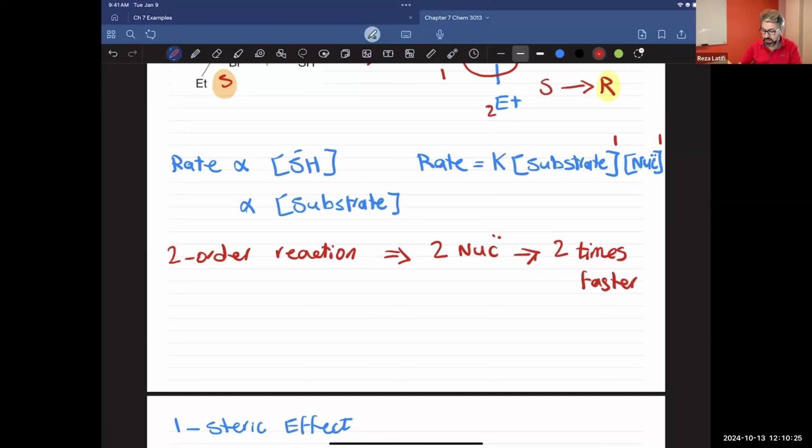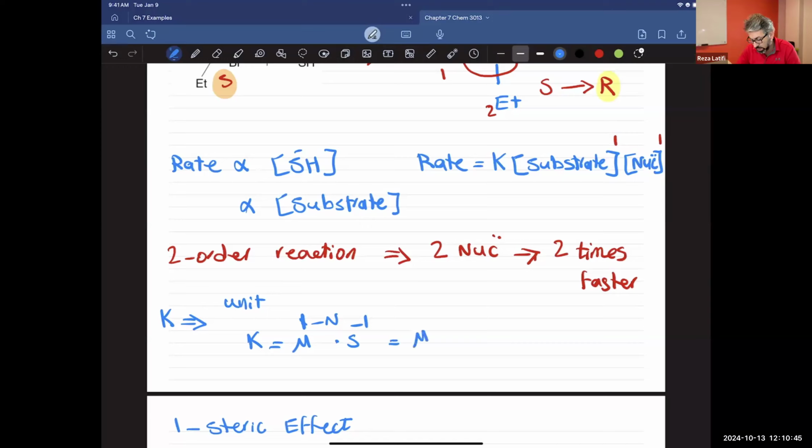And they might ask you, because this one is second order, what's the unit for K? How do I find the unit of K? The unit for K is M to the power 1 minus n multiplied by s to the minus 1, and n is the order of the reaction.